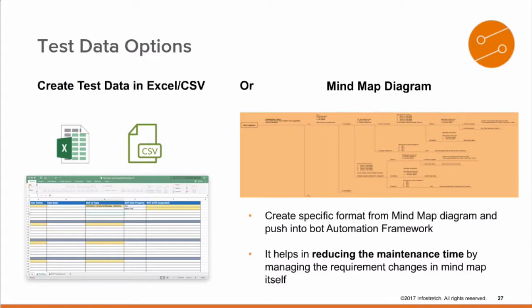If you have to sit and convert an Excel created flow into a bot specific language for your testing, then you have a lot lost in translation, and also a lot of complexities that you introduce in the process. So we need to have an approach where you can take these files and feed them into your automation tool, and it processes it and gives you the results that we talked about earlier. And these are some of the strategies that we use to help with bot testing for some of our clients.